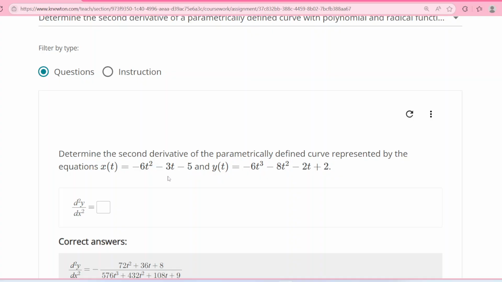Now, in previous videos on another objective from this same assignment, we were asked to find the first derivative, which was slopes of tangents to the curve being traced out, right? Which direction was the curve going in at a particular moment? So here we're asked to find the second derivative.